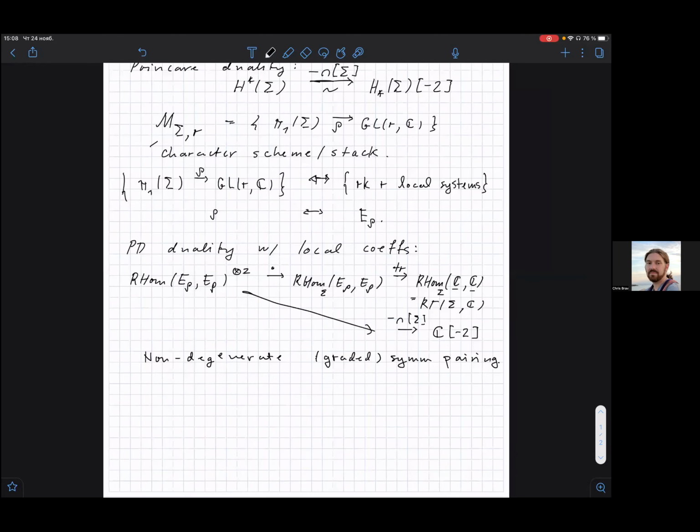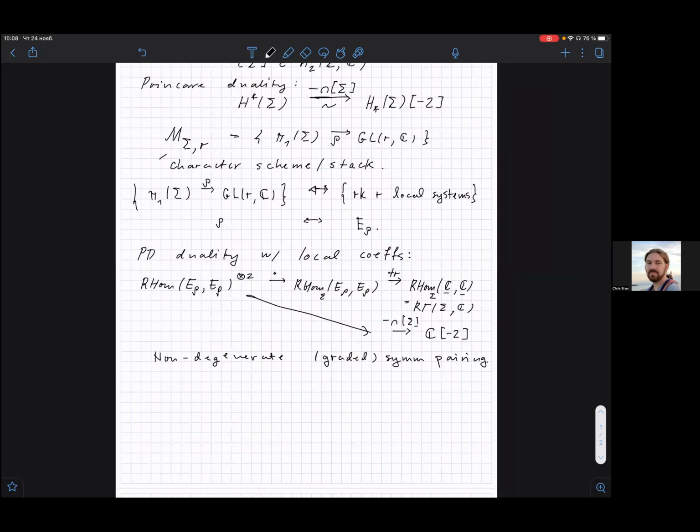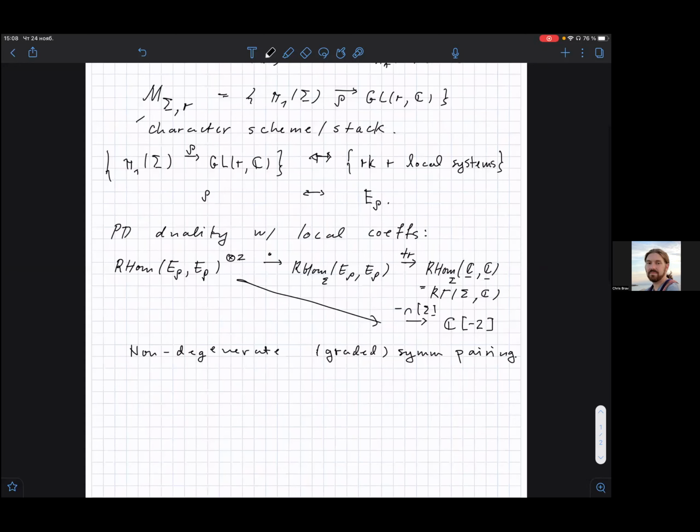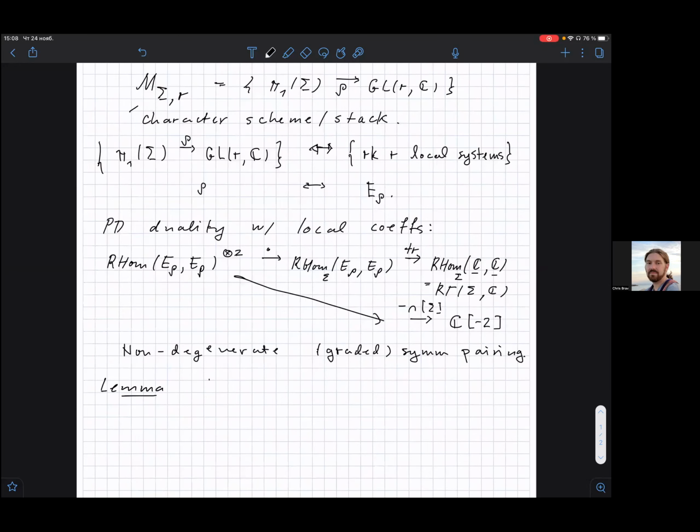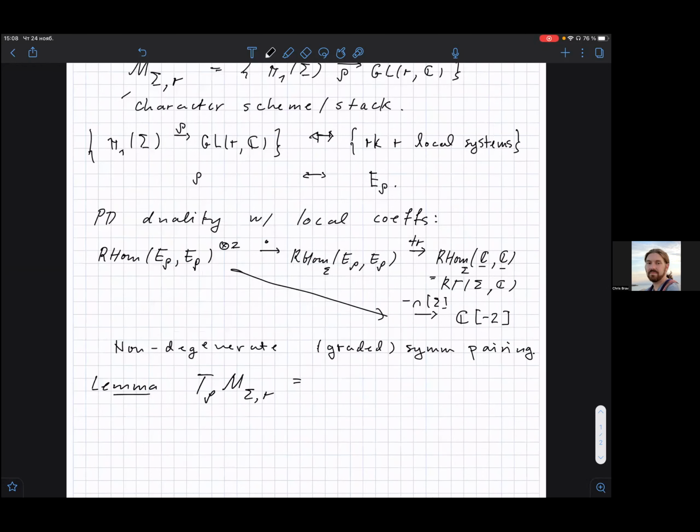So why is this relevant to this moduli space? It is because we can identify the tangent space to a representation in this character stack. It's a typical thing when you're studying a moduli space of some kind of objects and you have a point on that moduli space.